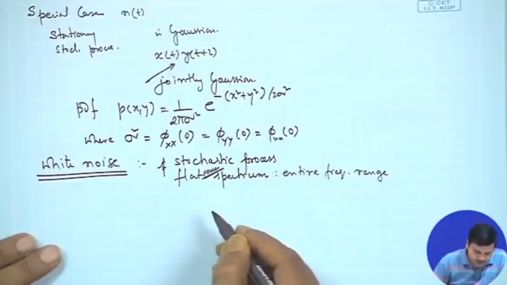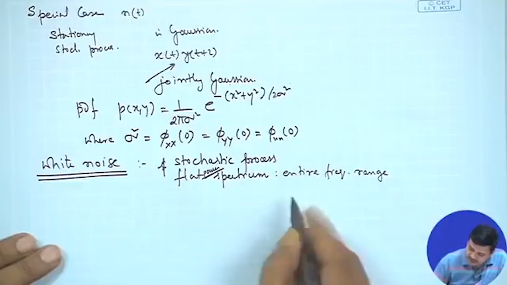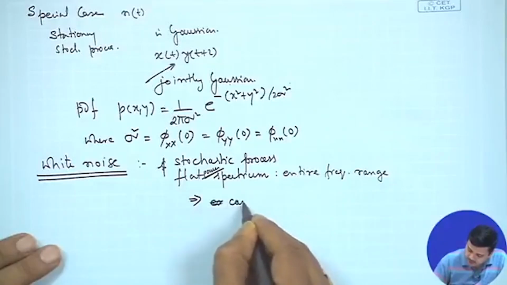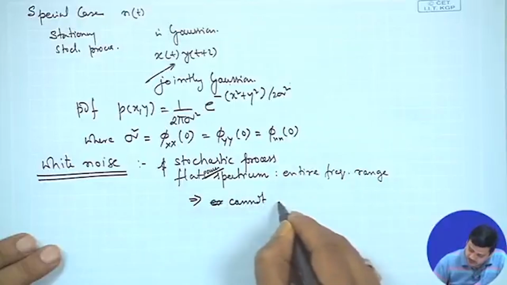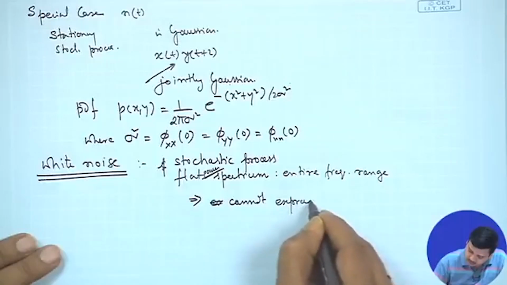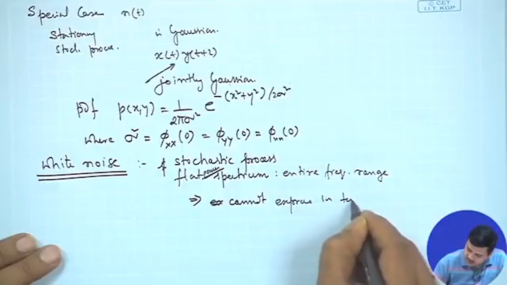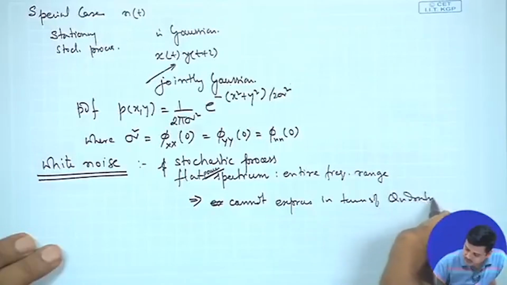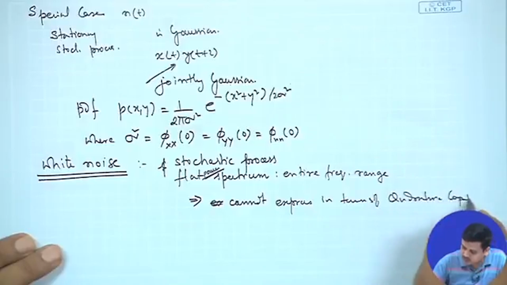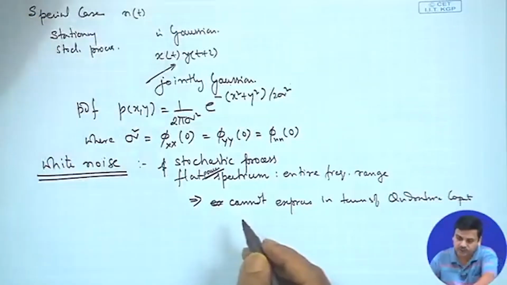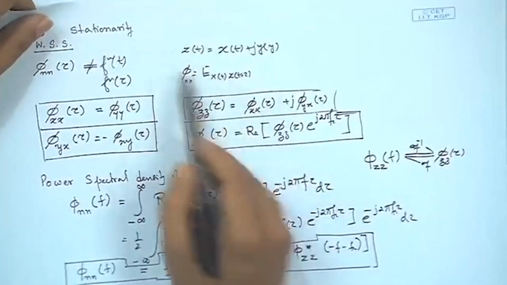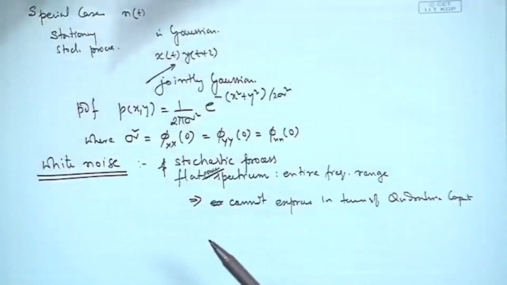This condition means that you cannot express this in terms of quadrature components, so we will not be able to use these expressions.